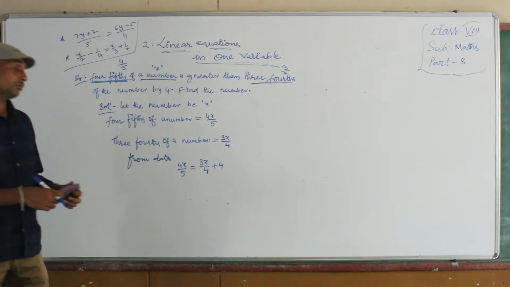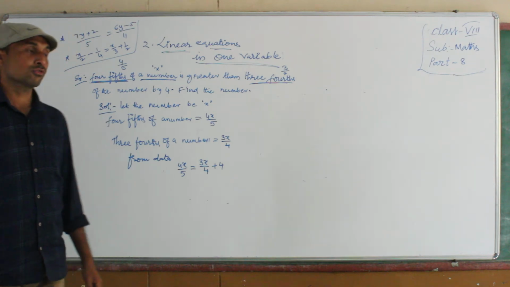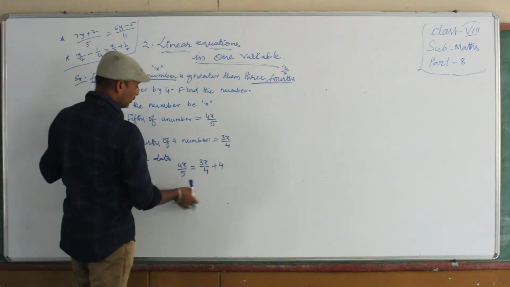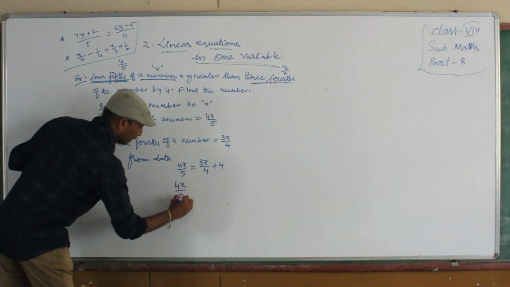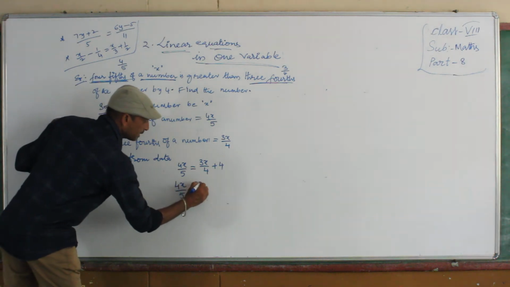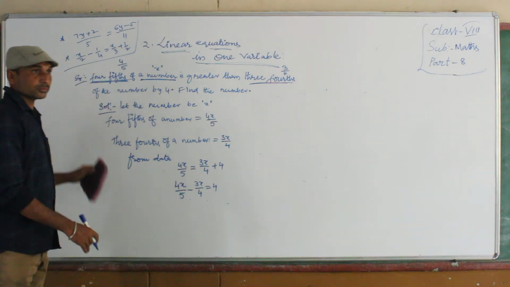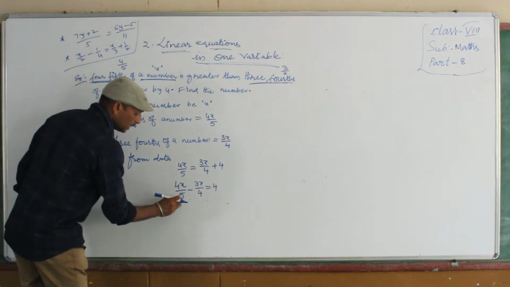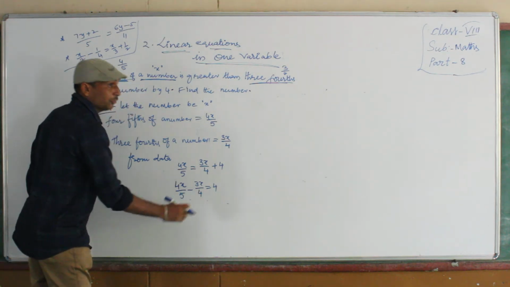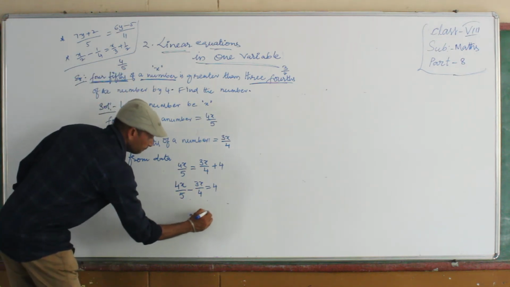Now, both sides have variables, so we transpose the variable term to the left side: 4x by 5 minus 3x by 4 is equal to 4. Now the LCM of the denominators 5 and 4 is 20.